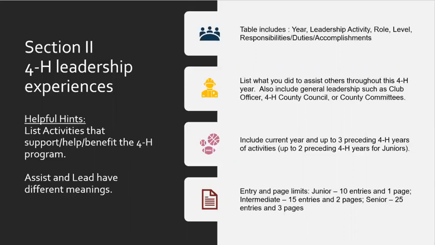Also, if you're serving in any elected office, such as maybe you're the president or you're the reporter or treasurer of your local 4-H club, or maybe even you're serving on your county 4-H council or the district or state council, or maybe you're an ambassador, like a shooting sports ambassador or a healthy Texas ambassador. Those are all elected or appointed positions that can be highlighted in this leadership section.